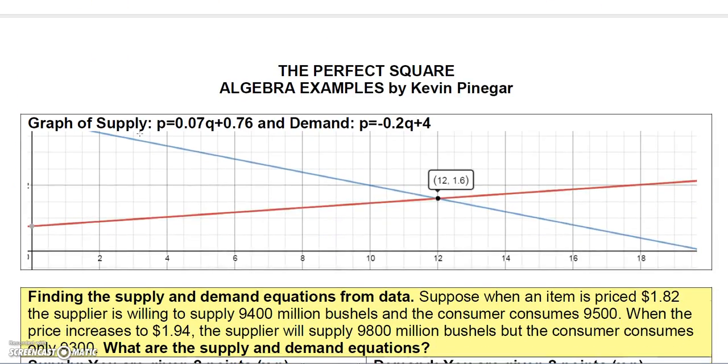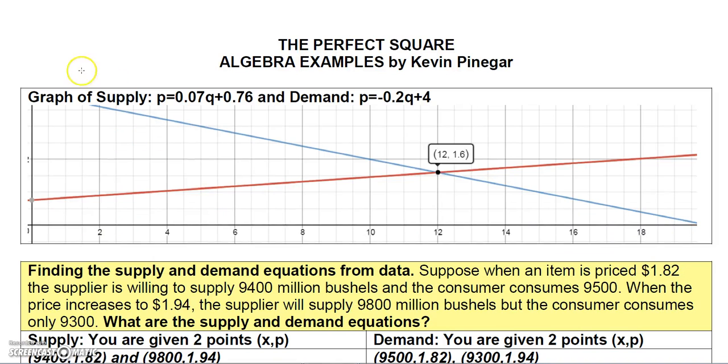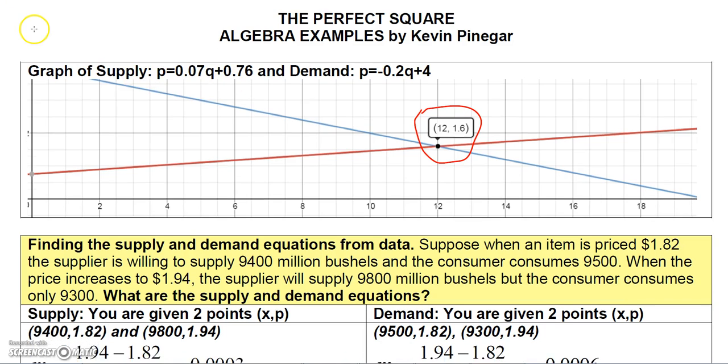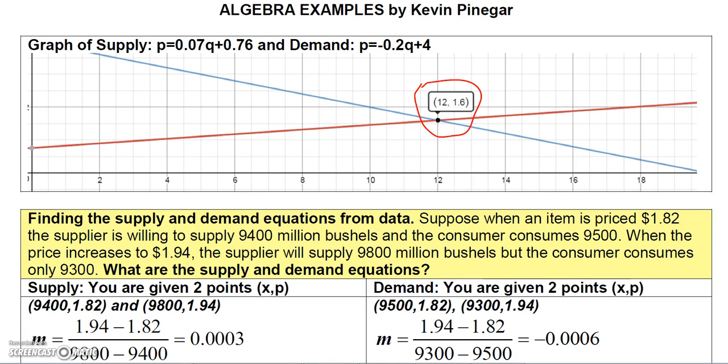And then these are the two equations for your supply and demand, and notice that they intersect where the quantity is 12 and the price is 1.6. And that's pretty much all I want to talk to you about on this.